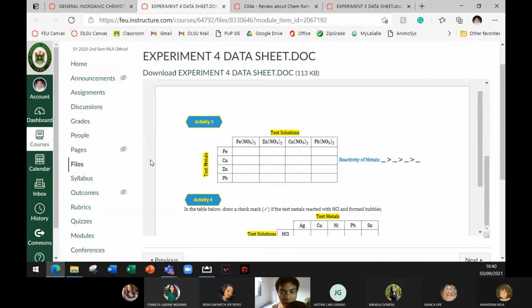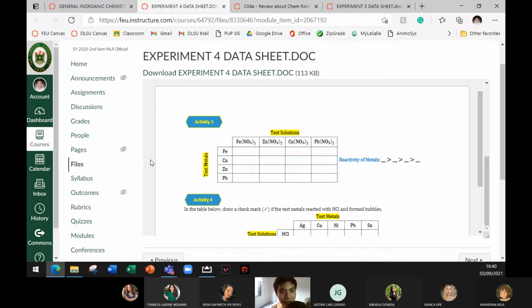Pero ganito yung mangyayari. Yung pinaka-last na submission ng ating mga experiment worksheets from chapter 1 to chapter 5 will be next week, so I can compute for your midterm grades. Okay lang, mag-submit kayo this weekend or next week, basta hanggang next week lang.